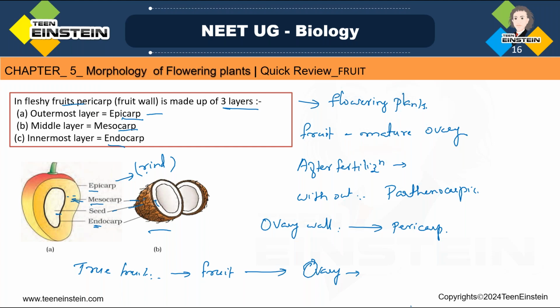Okay, then what is false fruit or pseudocarp? Fruit should develop from the ovary; from the ovary means it is called a true fruit.